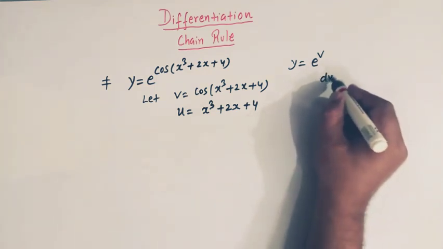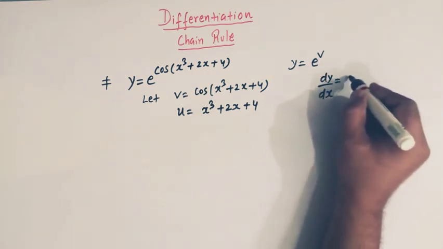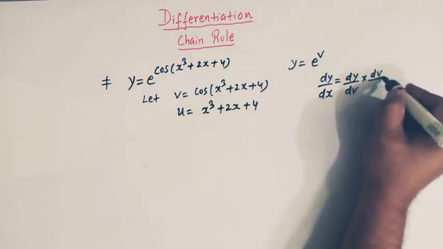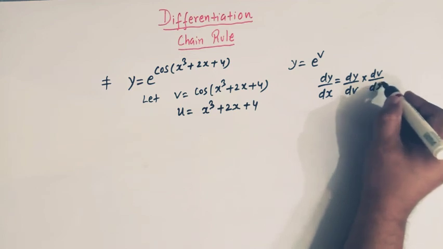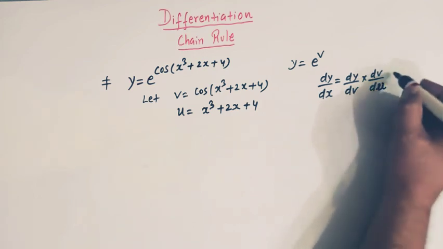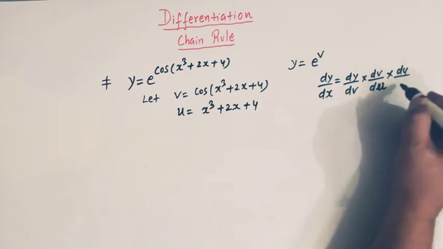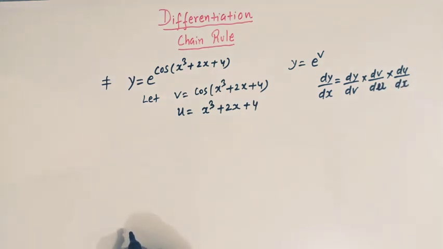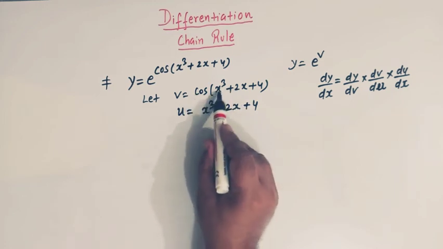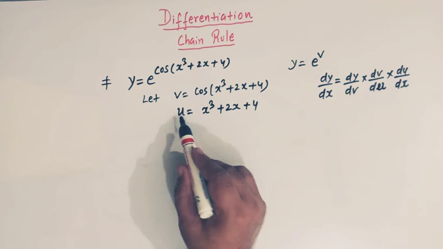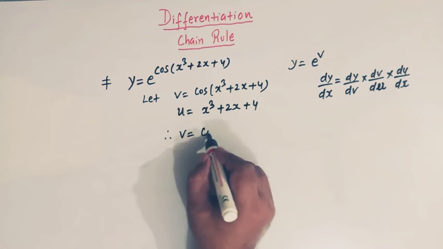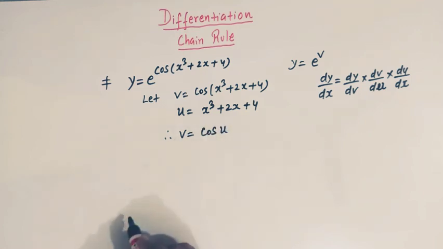Now we have to find dy over dx, and this is equal to dy over dv, then we differentiate v with respect to u, and then we have du over dx, right? So here we have assumed v is equal to cos of (x cube plus 2x plus 4), and u is x cube plus 2x plus 4. So therefore v becomes cos of u, right?